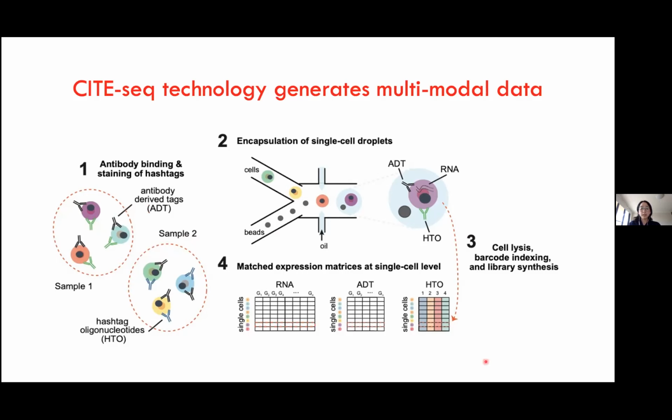And importantly, in cases where samples are pooled using hashtag oligonucleotides, we also get matched hashtag expression. And this means that CITE-seq data can potentially give us up to 3 layers of joint information.